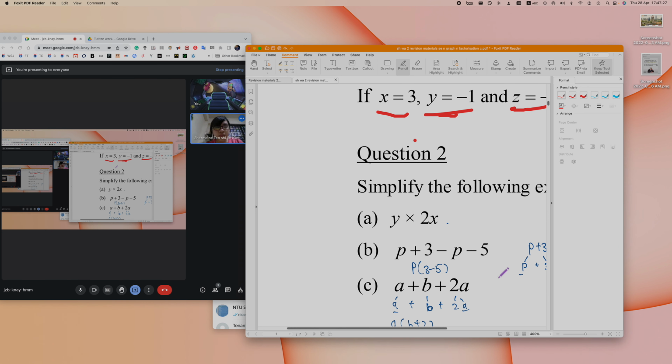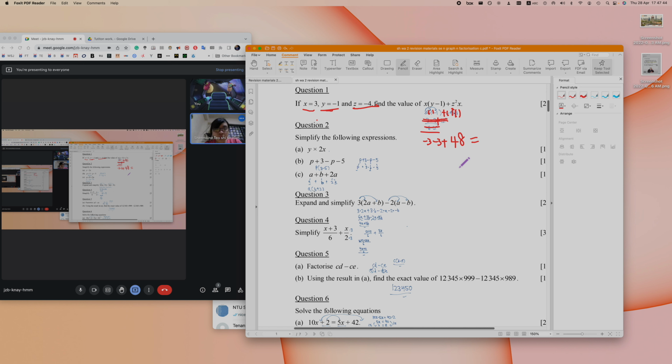Okay. So 4 square times 3, just use your calculator to get the second part, 48. Then you use your calculator, -3 plus 48. What do you get? 42. Okay, good. So you get 42.